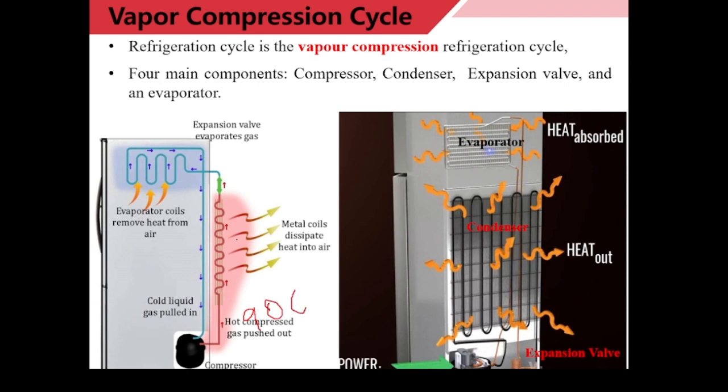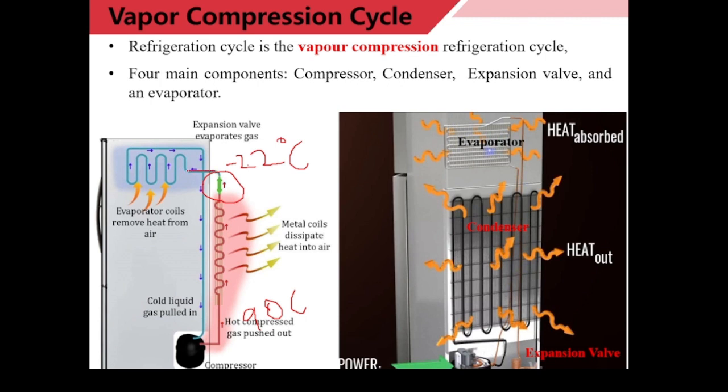And then in the condenser heat is rejected out, and then there is a sudden expansion here because of the Joule-Thomson effect. Because of that sudden expansion we get a lot of cooling, and the temperature also decreases to about -22 degrees centigrade.